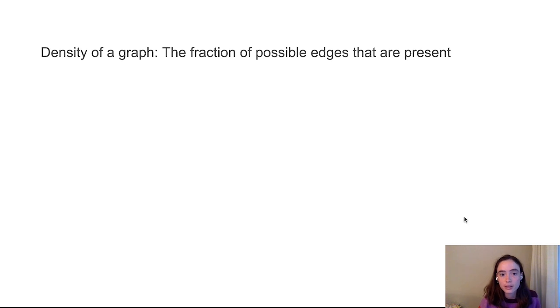The number of possible edges in a graph is just the number of vertices in the graph, choose 2, because an edge is just defined by choosing 2 different vertices from the vertex set. So the density of the graph is the number of edges divided by the number of vertices, choose 2. And we can simplify that to see that the formula is just 2 times the number of edges divided by the number of vertices times the number of vertices minus 1.